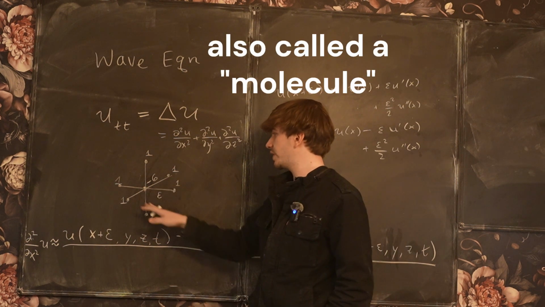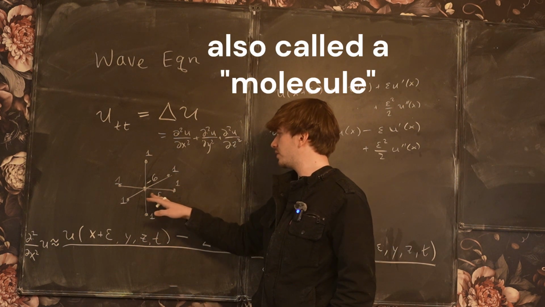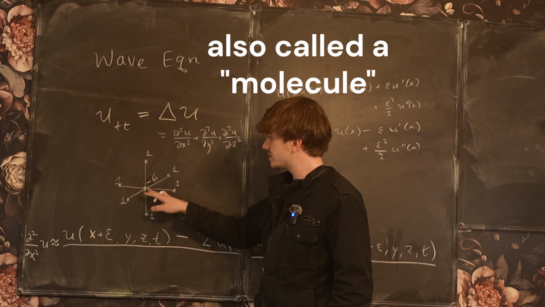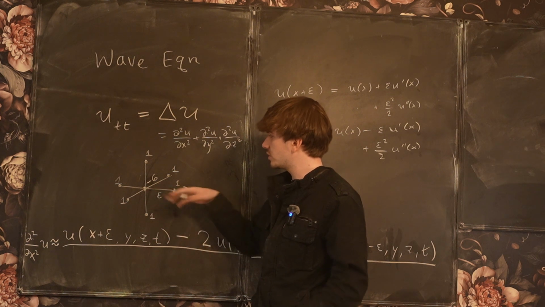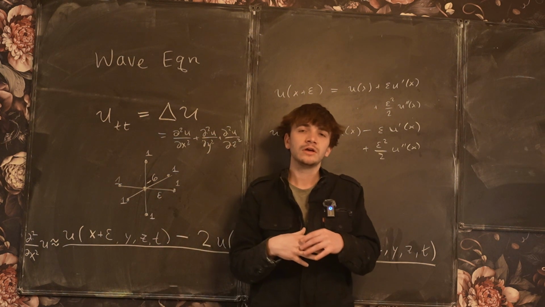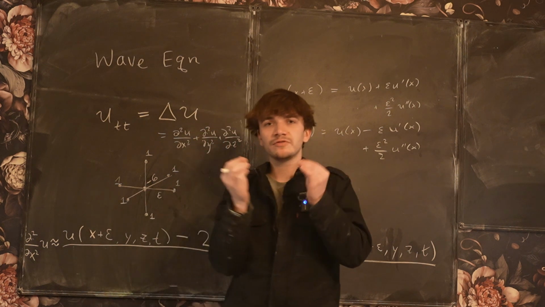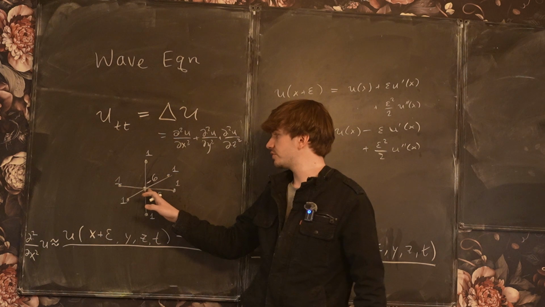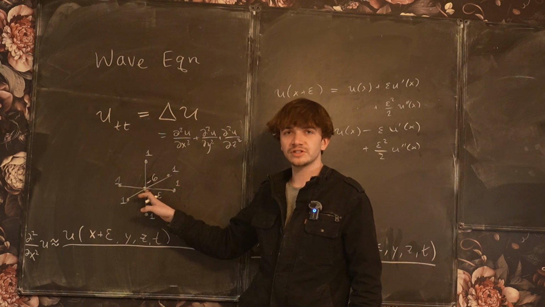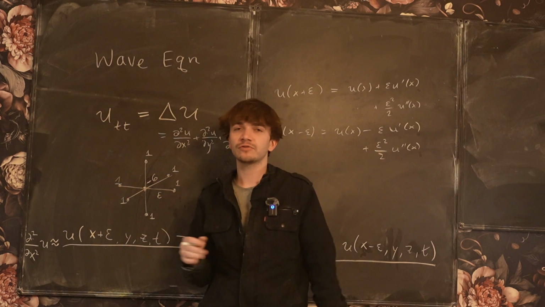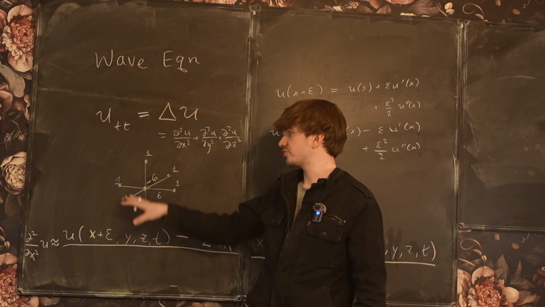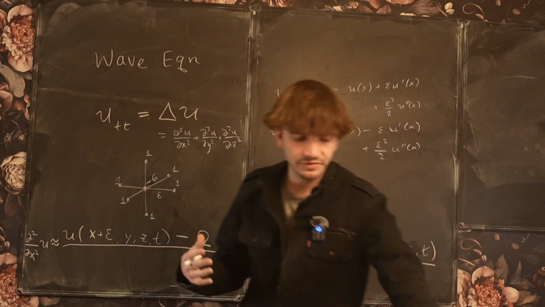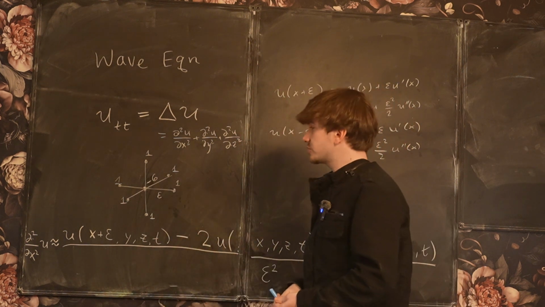Okay, so we're taking the weighted sum over this stencil, and we can interpret this as saying the Laplacian is somehow a measurement of the deviation of the central value from its neighborhood points. So the value of the solution at the center of the stencil deviates from the average value of the solution around that point, and this deviation is measured by the Laplacian.